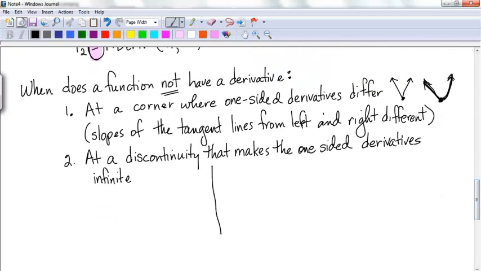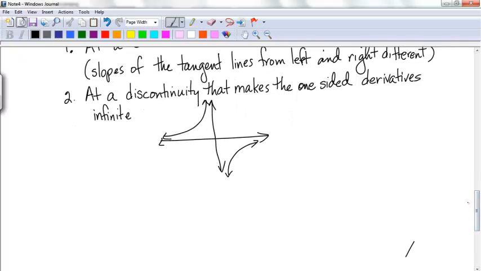An example would be if I said figure the derivative of this hyperbola, and say I have a hyperbola like this, and I said what's the derivative at x equals 0? No derivative exists because it's a point of discontinuity, so your left-hand and right-hand can't be the same. It's at a point of discontinuity where the derivatives would be infinite.